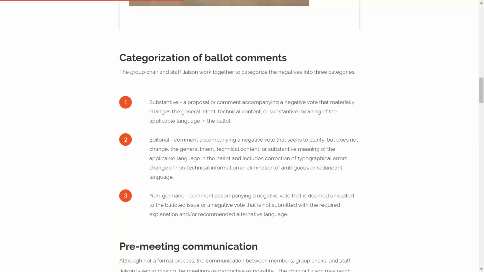And then a negative response categorized as non-germane means the negative ballot is unrelated to the ballot in some general manner or the proposed language, or the negative response contains no comments, no explanation, or no alternate language.